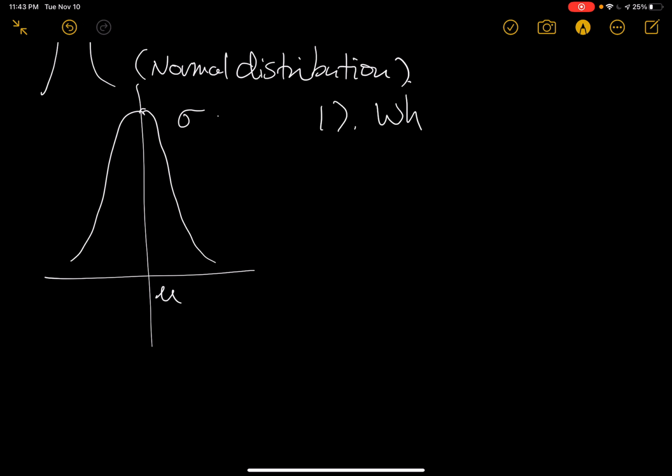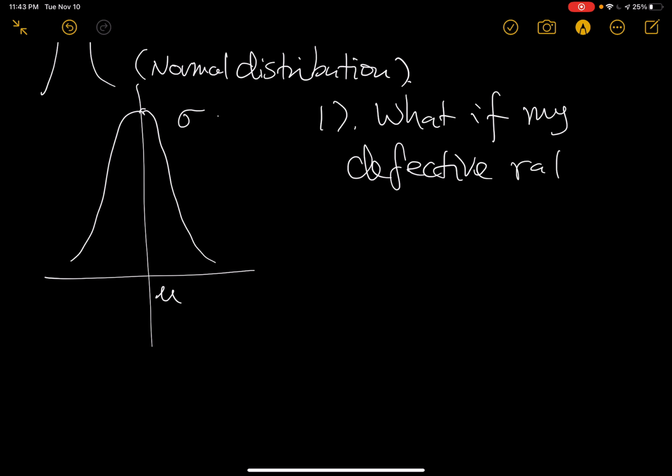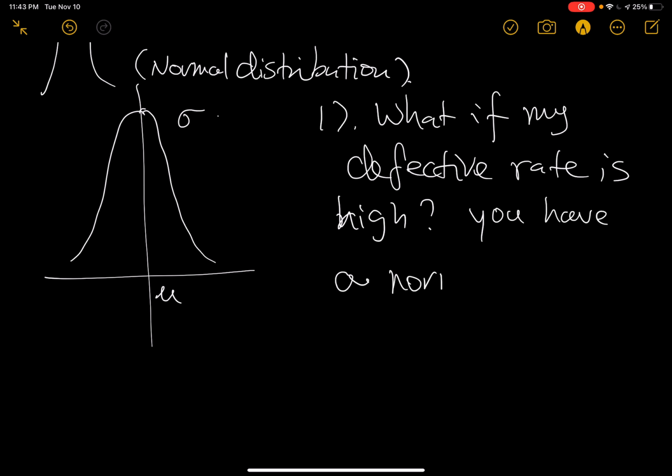So what if my defect rate is high? That means consider you have a factory doing the work, the defective rate is high, and you have a normal sample.